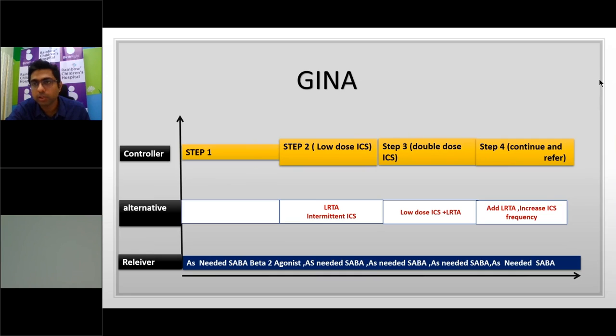You have to add definitely leukotriene and sometimes give a trial of increasing the frequency of the regular inhaled corticosteroid as well. Always take help when you are beyond step 3. This is the current GINA 2020 guidelines, which has been published recently.